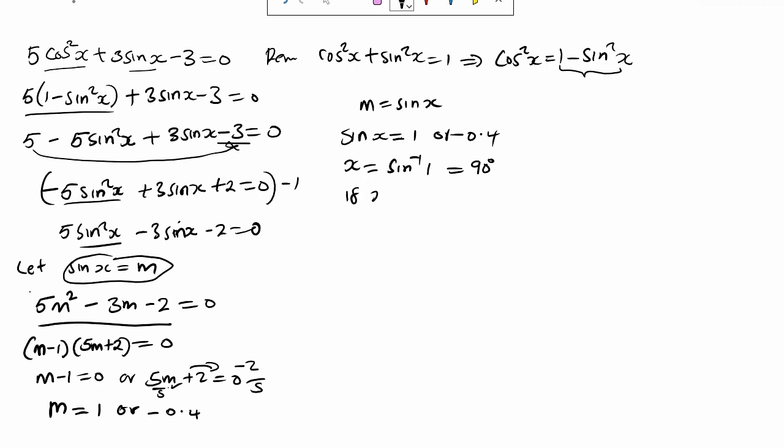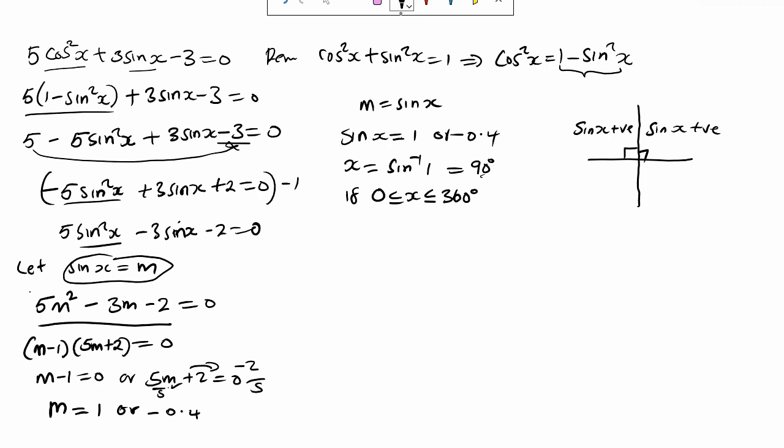If our value of x ranges from 0 to 360 degrees, then we shall only have one value of x, because sine x is positive in the first quadrant and in the second quadrant also sine x is positive. In both cases the angle is 90 degrees, so the first value of x is 90 degrees.